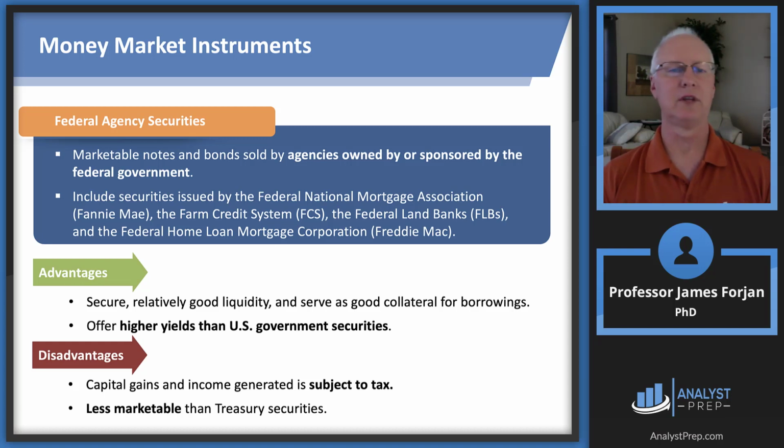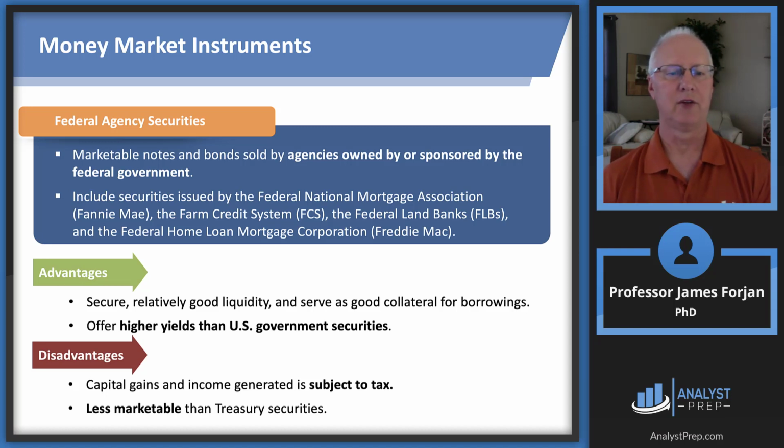So we have all these names for these federal agencies that issue bonds and notes, and they use the proceeds to support a particular market, like the farmers, like homeowners. There, Fannie Mae. There's also one that supports student loans. So that's Sallie Mae, Student Loan Marketing Association.